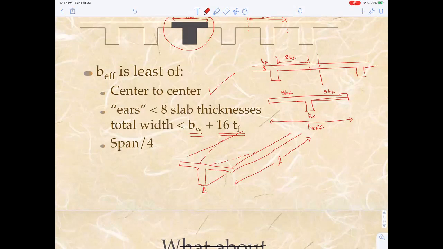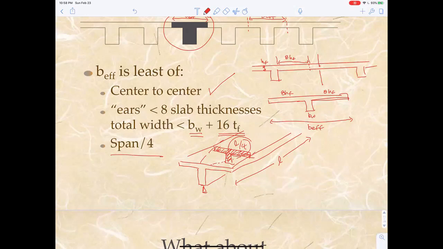And so the width of the slab that participates can't be more than that span length over 4. Okay, so that span length over 4 is the participatory width of the slab, the part of the slab that contributes to the beam as a T-beam, so L over 4.